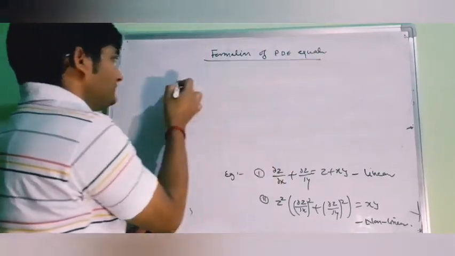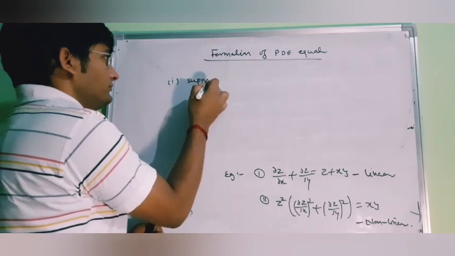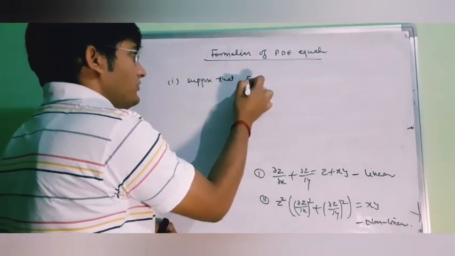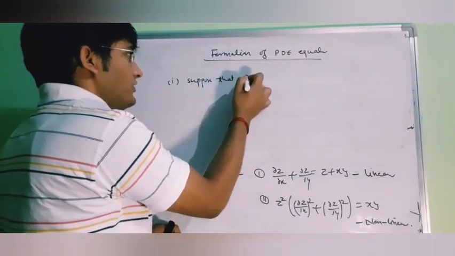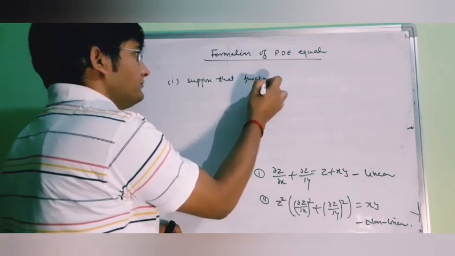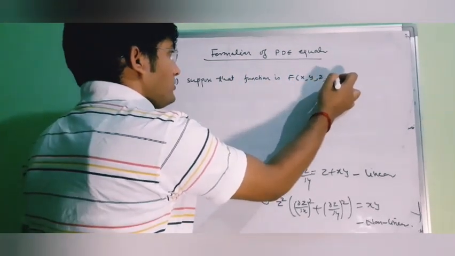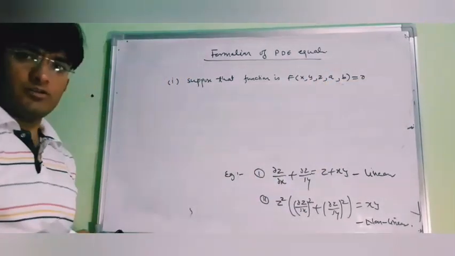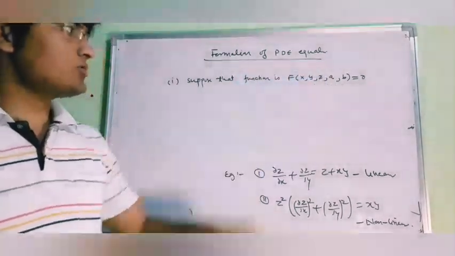The first case, suppose that your function is of the type f of x, y, z, a, b equal to 0. Suppose that this is the type of the problem. That means we have a function of x, y, z and some constants a and b.